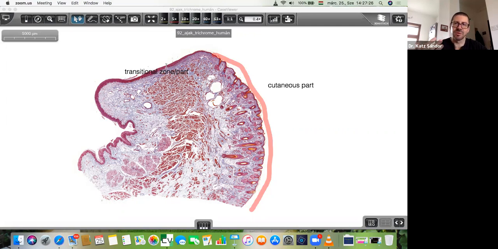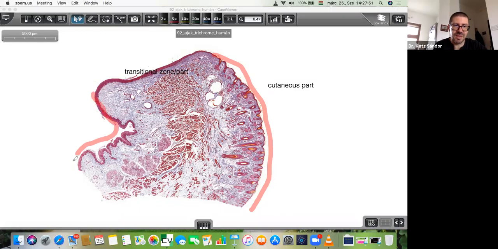It's a well vascularized area. So eventually the real lip is the transitional zone. It's well vascularized, and there is a much thinner keratinized stratified squamous epithelium. And the other one, the irregularly shaped one posteriorly, that is the mucosal.